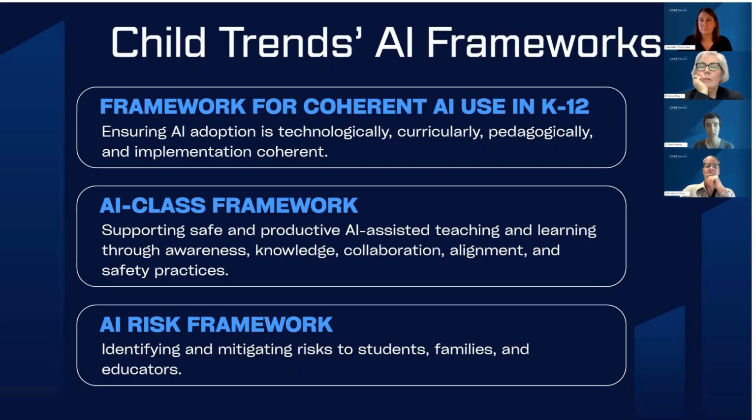So how can schools and districts support safe and productive use of AI in both teaching and learning? And that breaks that down into a couple of ordered steps that make it easier to think about at a systems level. And of course, any discussion about AI in education would be remiss without discussing the risks of AI as well. So one of the things that we found most useful in AI implementation is a structured framework for thinking about AI risk.